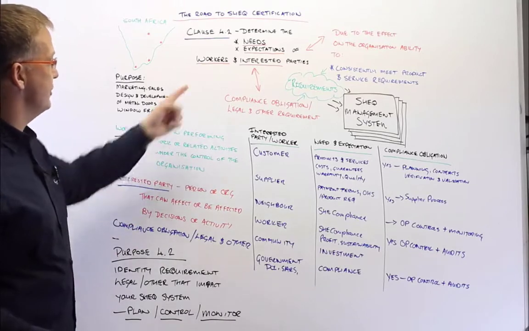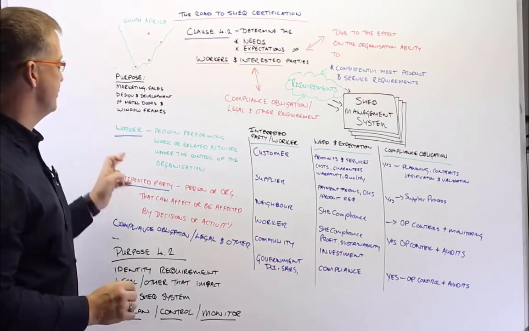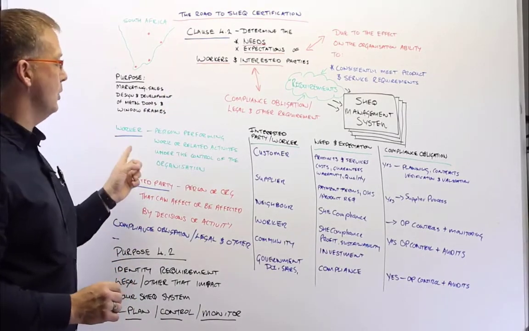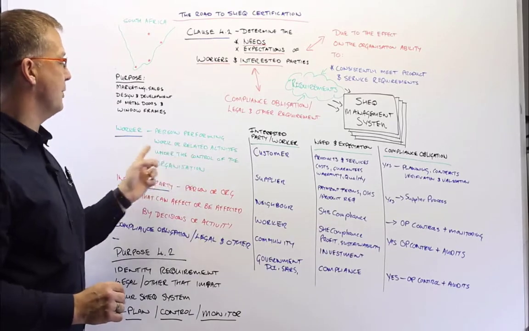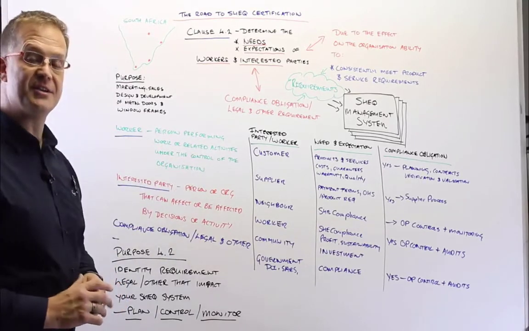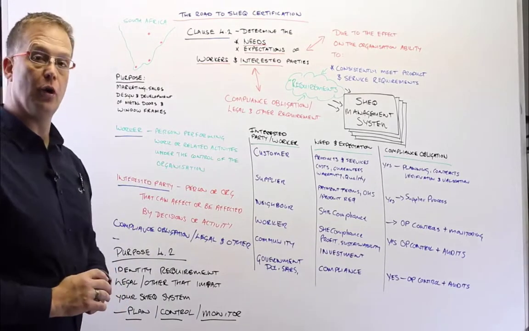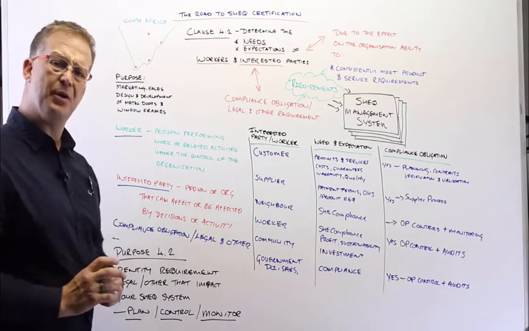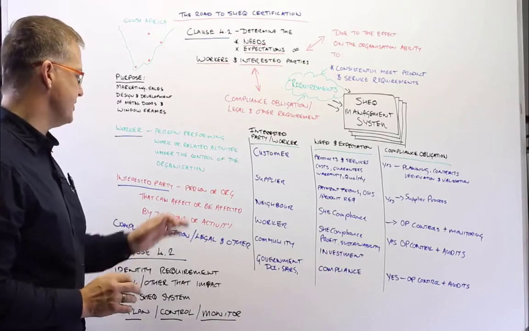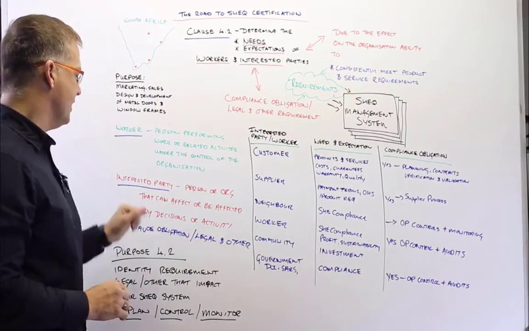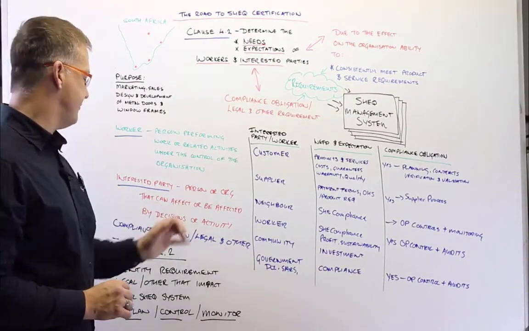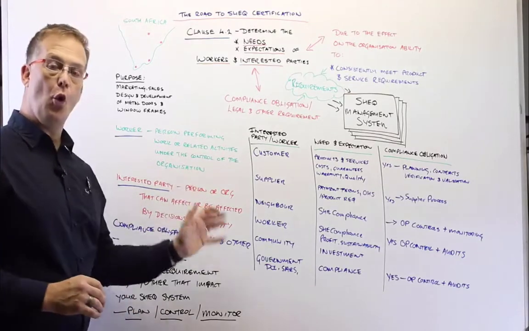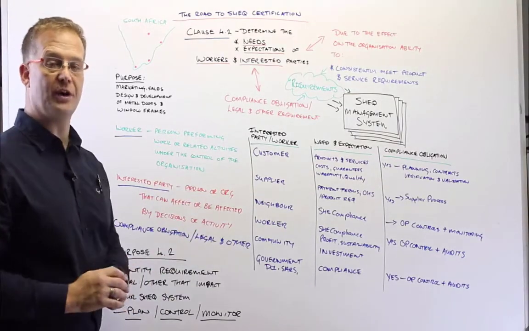One of the definitions that we need to look at in clause 4.2 is the worker. A worker is a person performing work or related activities under the control of the organization. Also, what is an interested party? An interested party is a person or organization that can affect or be affected by the decisions, actions, or activities of the organization.